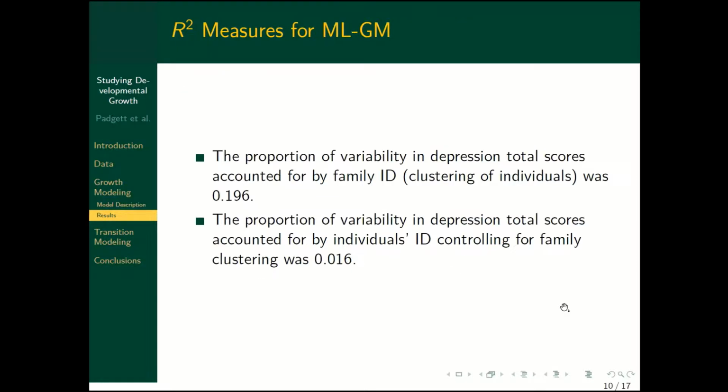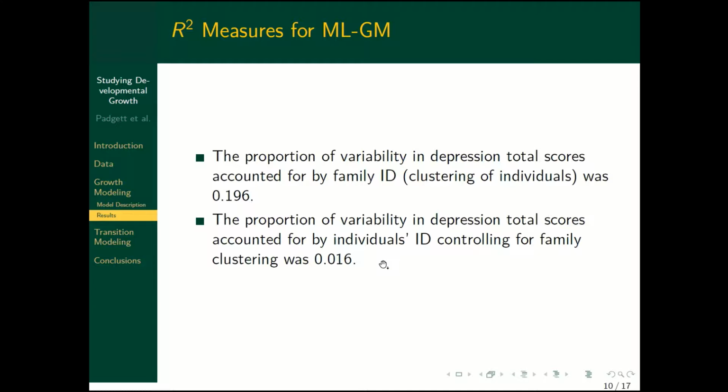So next, we can look at some different R-squared like measures. And so at the family level, as is probably understood by the correlation being so strong, family actually accounted for almost 20%, or 0.19 proportion, of the variability in depression scores. However, that is very different in contrast to an individual, where an individual only accounted for between 1 and 2% of the variability in depression scores over time.